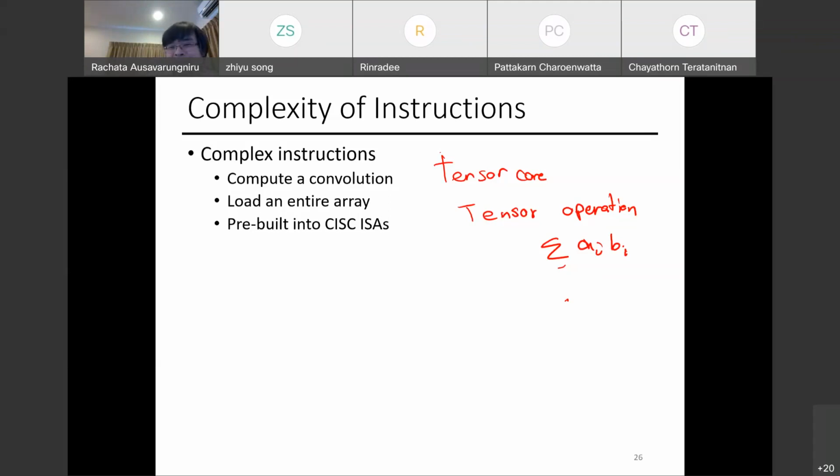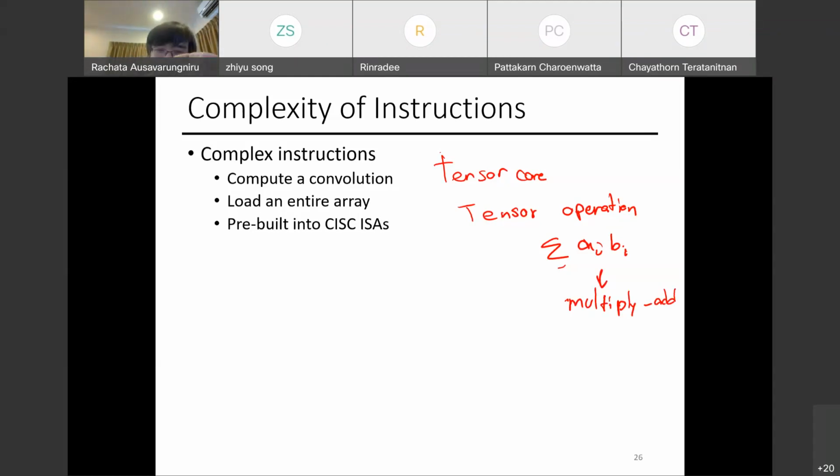So many hardware these days are built to perform this thing. What is this? Multiply, add, right? Basically, this is multiply. We call this multiply, add. It turns out a lot of the machine learning models end up requiring you to do a lot of multiply, add. So if you need to design a hardware, what should you do?